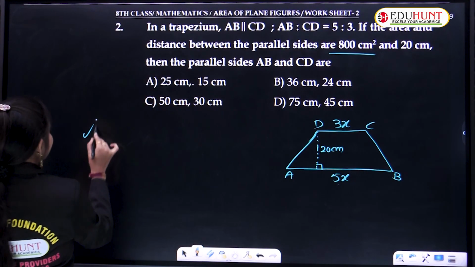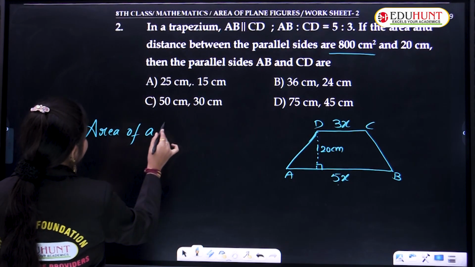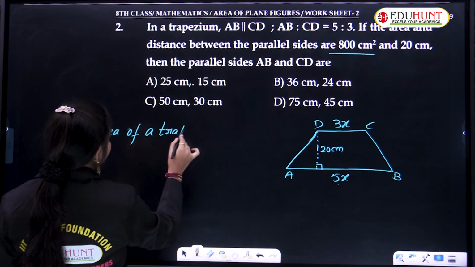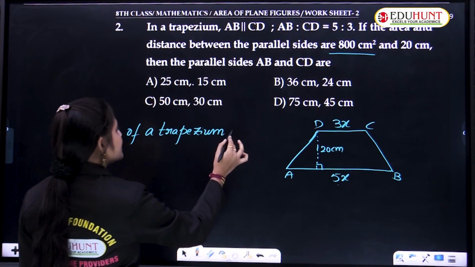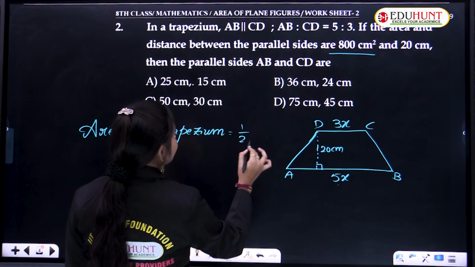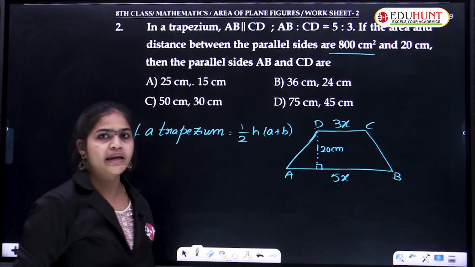Now, what is the area of a trapezium formula? Area of a trapezium is half h into a plus b.